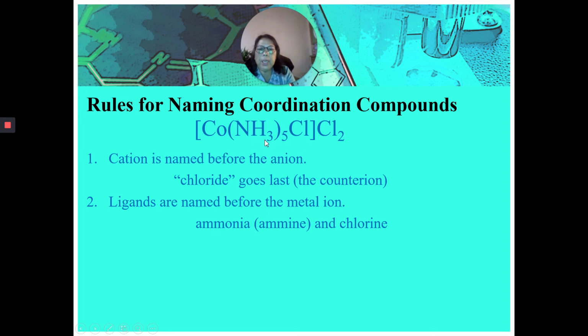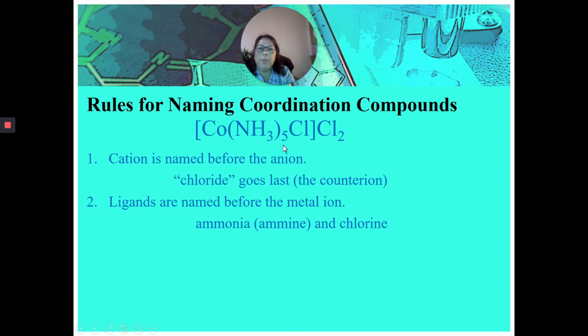The non-metal or the ligand should be the first to be named, and they are arranged alphabetically. So in this case, this is amine, this is chlorine. Amine has A, chlorine has C, so which will come first? The amine.